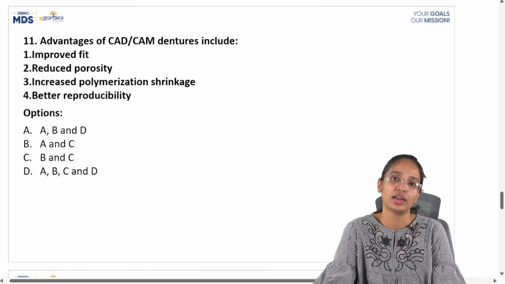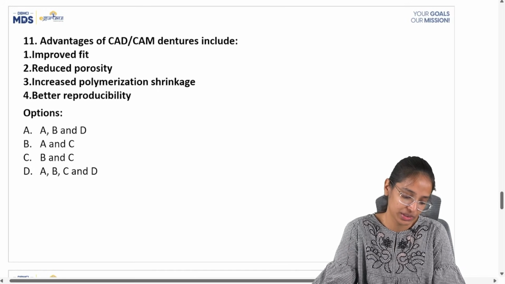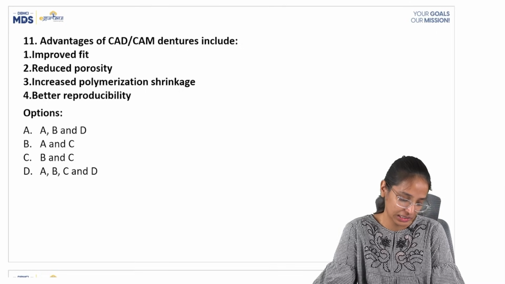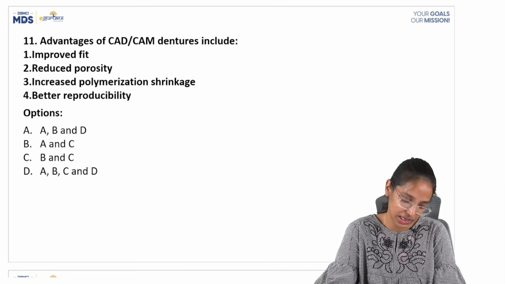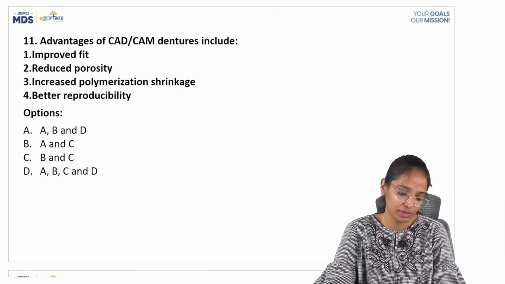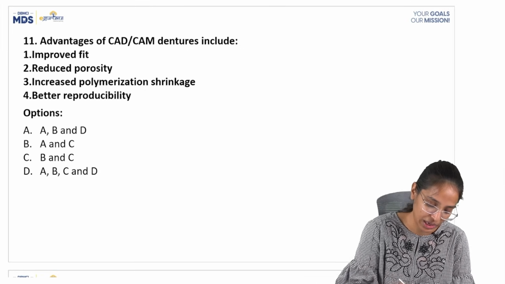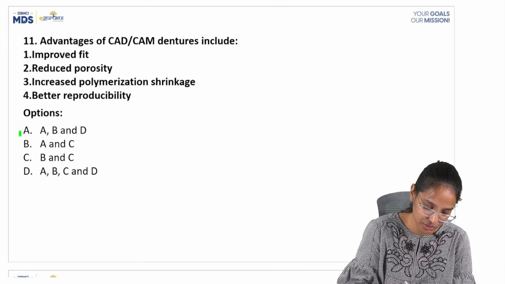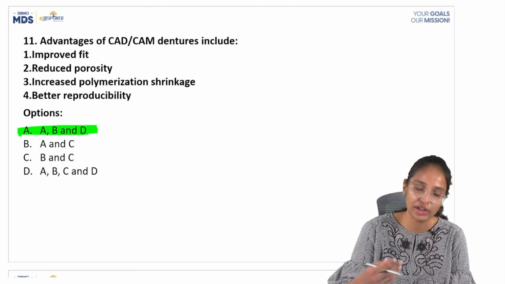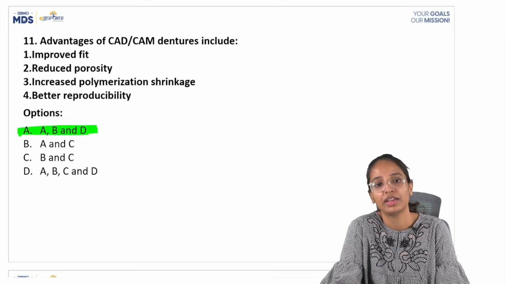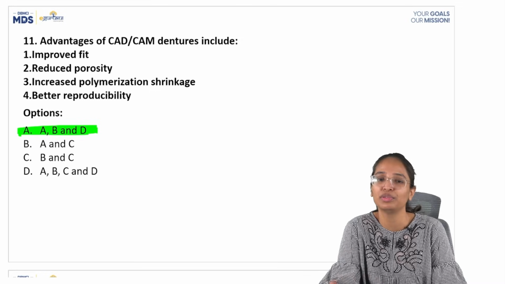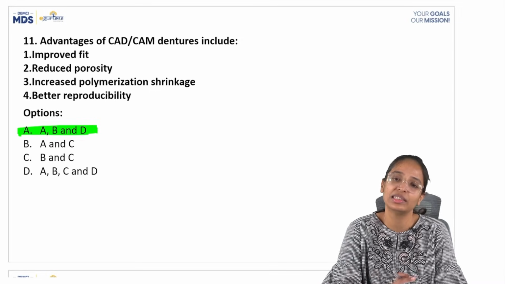Question 11. Advantages of CAD CAM dentures include what? Improved fit? Yes, definitely. Reduced porosity? Yes, again. Increase in polymerization shrinkage? No. Better reproducibility? Yes. So 1, 2 and 4 is the correct answer, so A, B and D. They offer better fit, reduced porosity, and better reproducibility, because all of these procedures are designed.